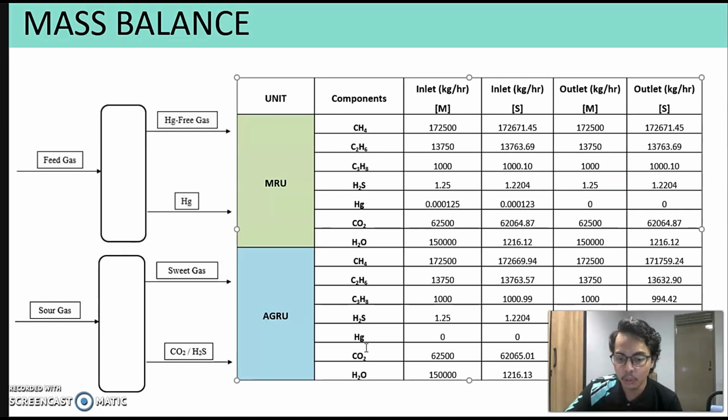Next is AGRU, where we want to separate CO2 and H2S. From the manual and simulation mass balance, H2S shows complete removal after it goes through AGRU, and a small amount of carbon dioxide is still in the natural gas, less than 1% of the overall amount of the natural gas. So it is suitable for the consumer's requirement.